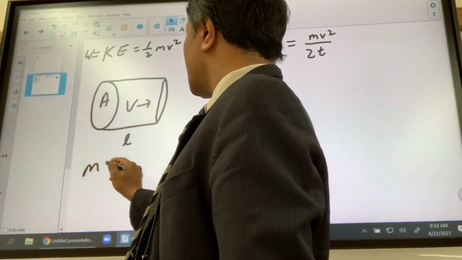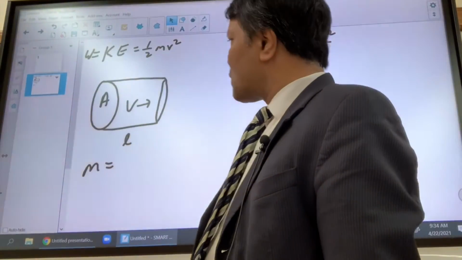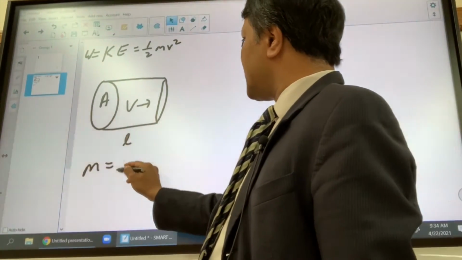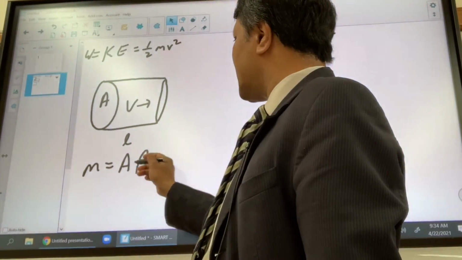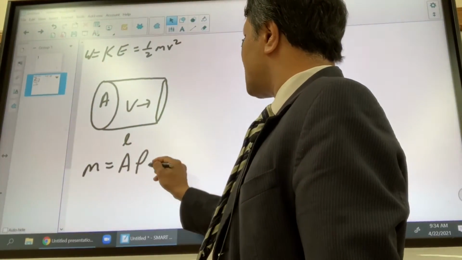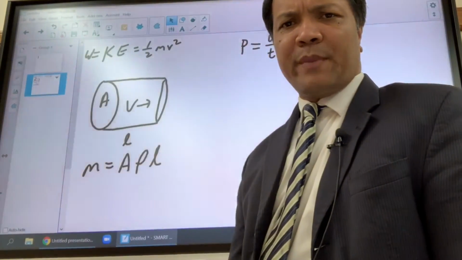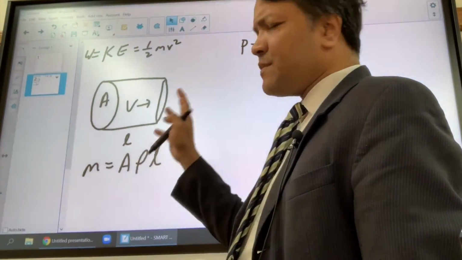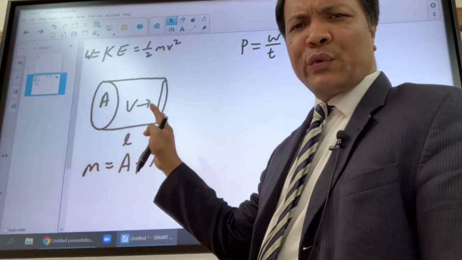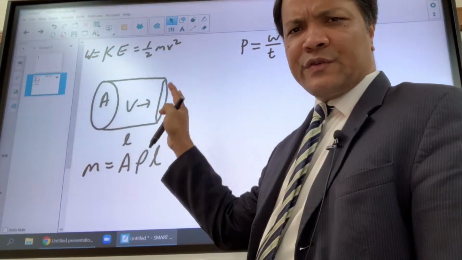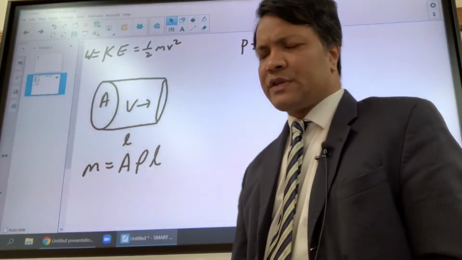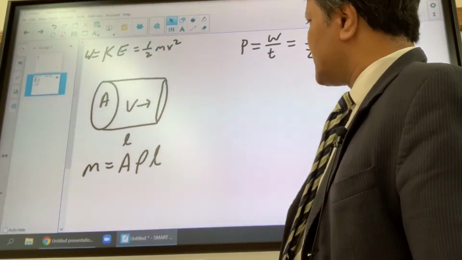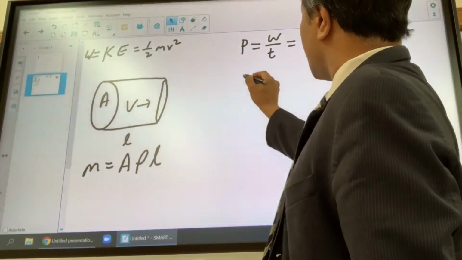The mass is simply equal to the swept area A times rho, where rho is the air density, times the length L. This is the mass that passes through this swept area per second, and this is the equation for mass.